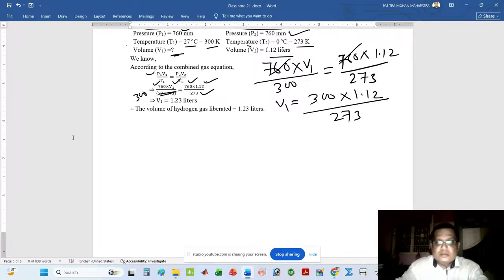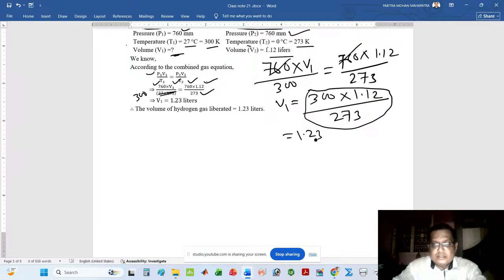So the answer, if you want to solve this, is 1.23 liter. This is the answer. 1.12 is not the answer. It is 1.23 liter. In this question, the relation is applied only at STP condition. After getting the volume at STP, you will convert into the given condition, that is the experimental condition. So the answer is 1.23 liter.